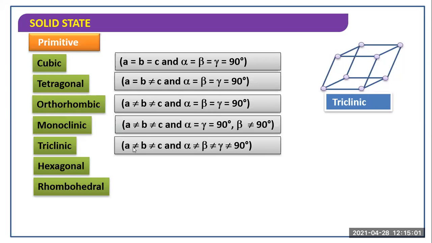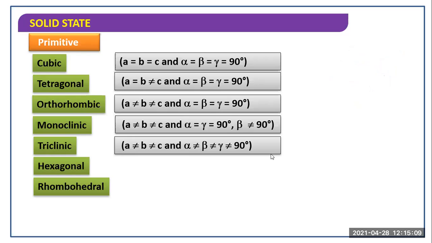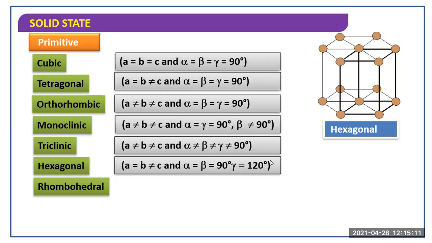Triclinic, its angle and edge length both are not equal. Hexagonal, A equal to B not equal to C. The C is high here, and alpha equal to beta equal to 90 degree, but gamma equal to 120 degree.